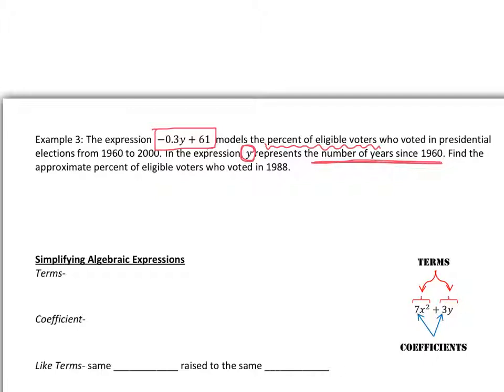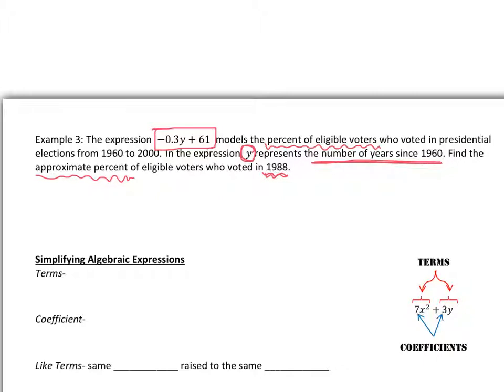Now, what is it telling us to do? Find the approximate percent of eligible voters who voted in 1988. So our first thing we need to do is figure out what y is.